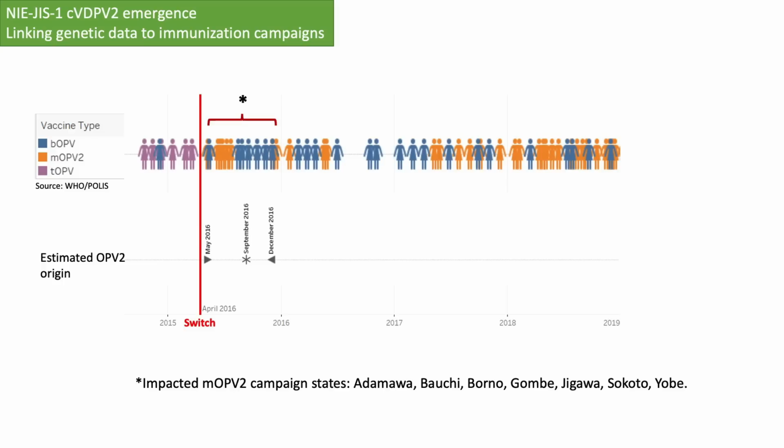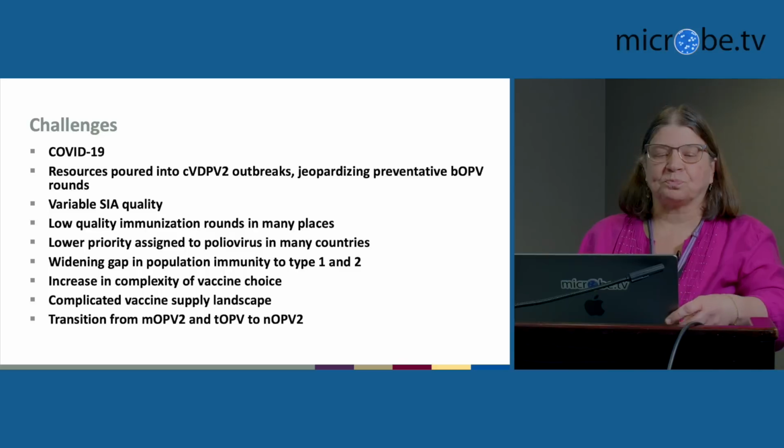And then downstream of there, the campaigns that map to this potential origin were right around September 2016 and between May and December. And the states that had campaigns are indicated at the bottom. So in some cases, it can be difficult to know exactly which campaign might have started that particular emergence.